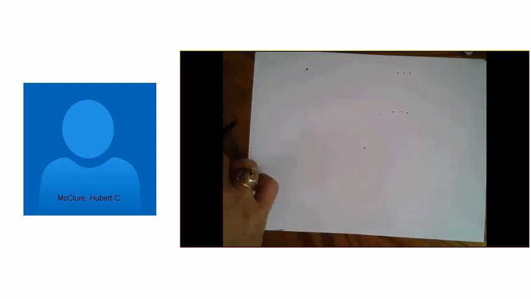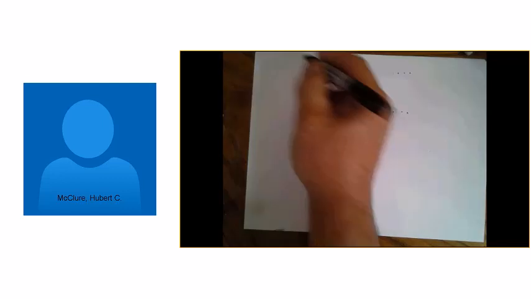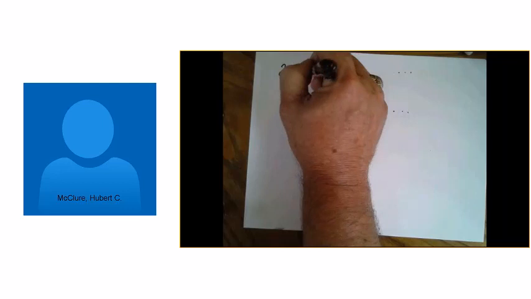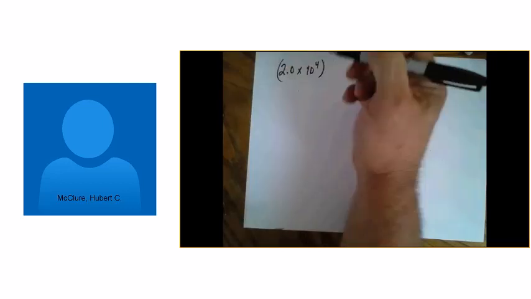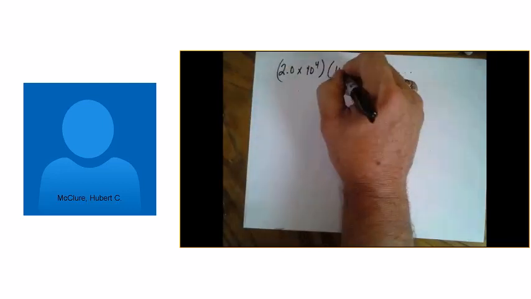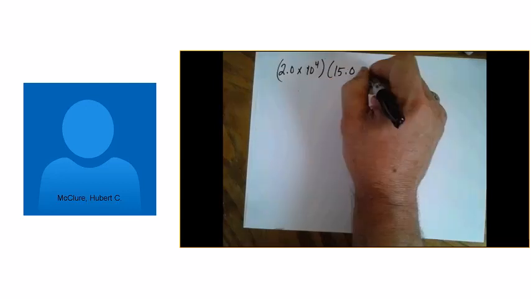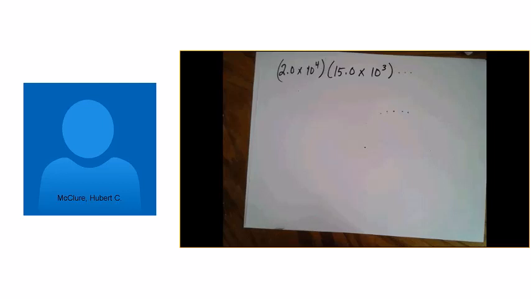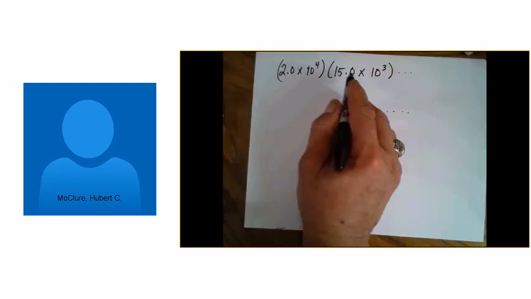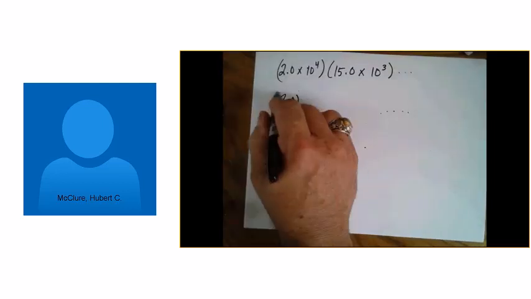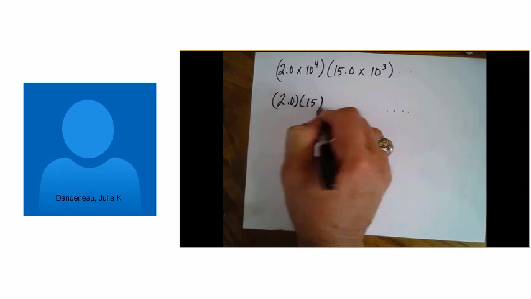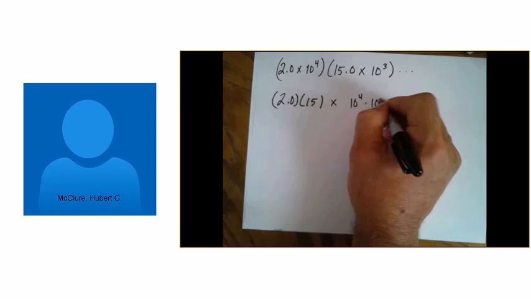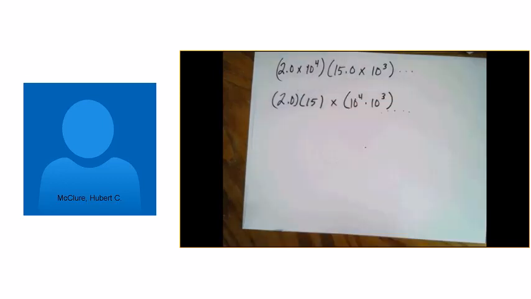Let's do multiplication. Let's see, I said that was 2.0 times 10 to the fourth and 15.0 times 10 to the third. Okay, 2 times 15 and times 10 to the fourth times 10 to the third.